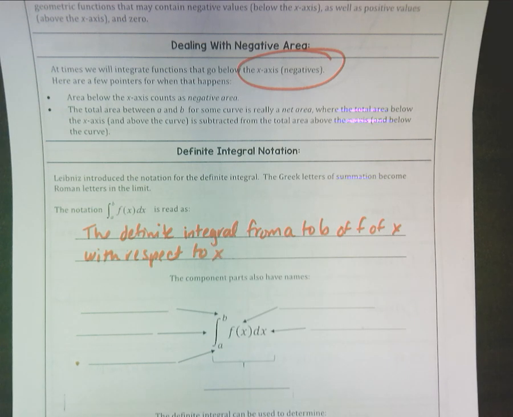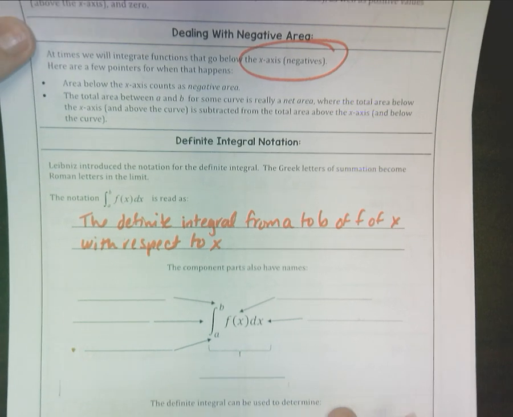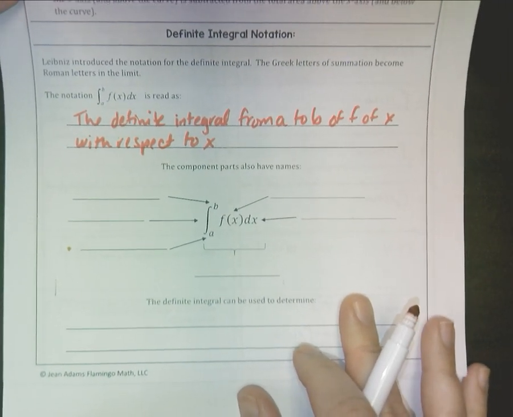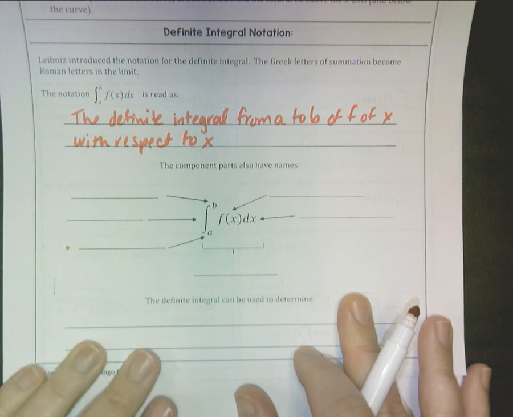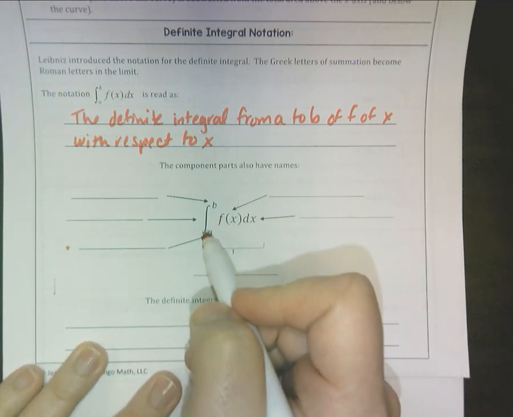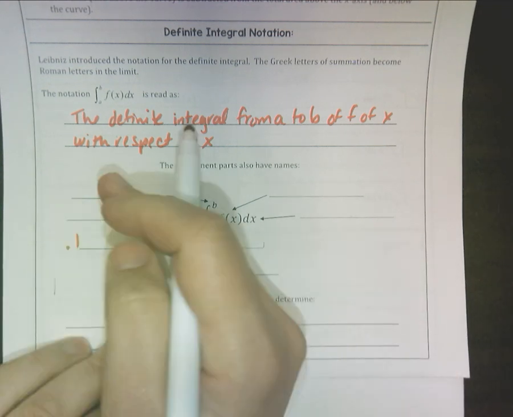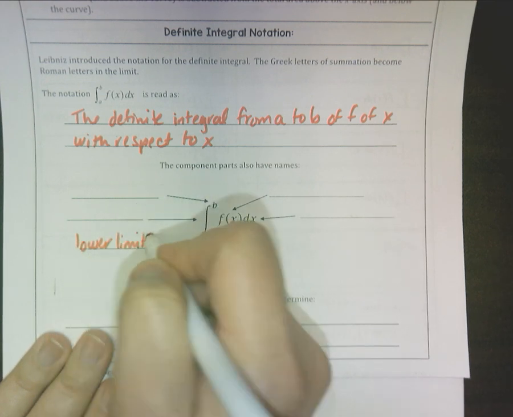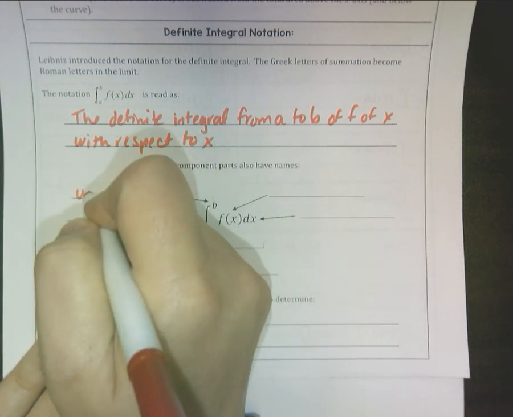Okay, so to take that apart, you have the components, and let's list out what these are. This is a, which is your lower limit, and b obviously is your upper limit.